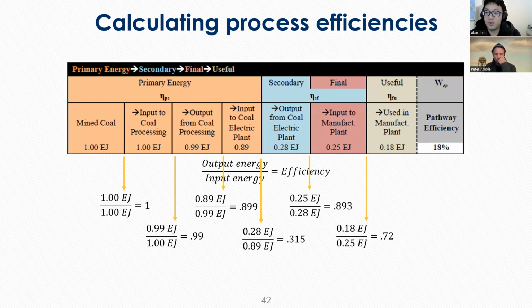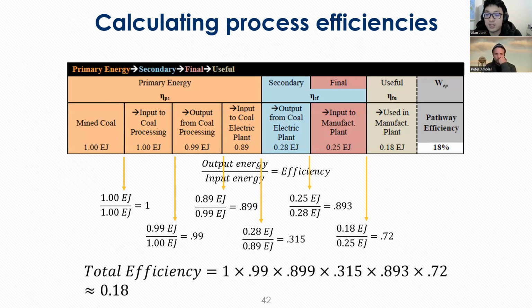The point of the equation from before is to demonstrate that that 18% is also equivalent to multiplying all of these efficiencies together for each of my process steps: 1 times 0.99 times 0.899 times 0.315 times 0.893 times 0.72. That will also get you to your 18% efficiency number.